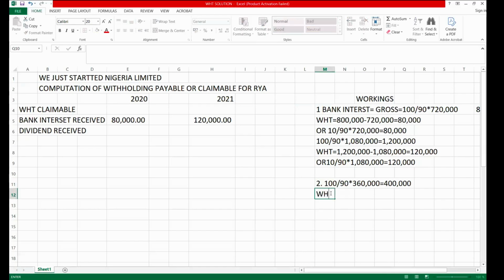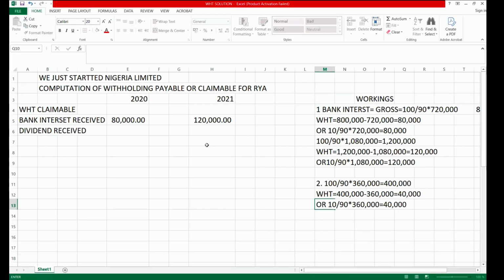The withholding tax will now be equal to 400,000 minus 360,000, which gives 40,000. Or you can say 10 over 90 multiplied by the net amount, 360,000, which gives you 40,000 naira.